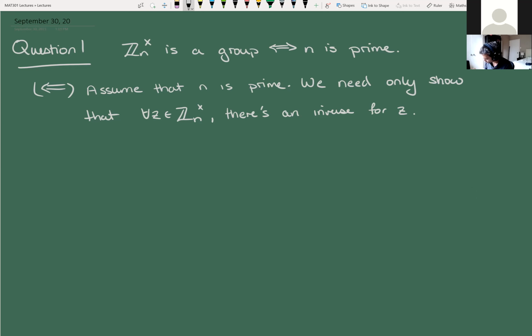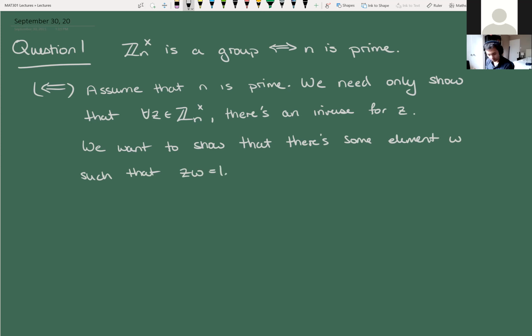Okay, so we want to show that there's some element, let's call it W, such that ZW is equal to 1, right? That's what we want to do.